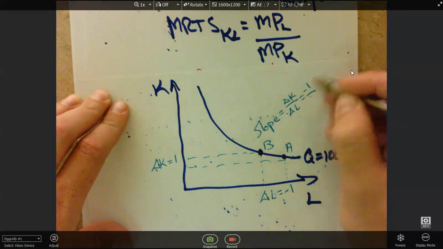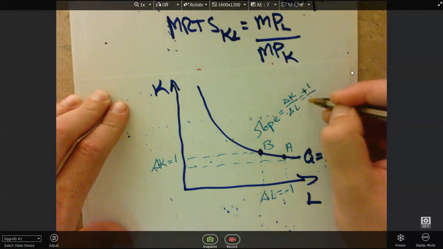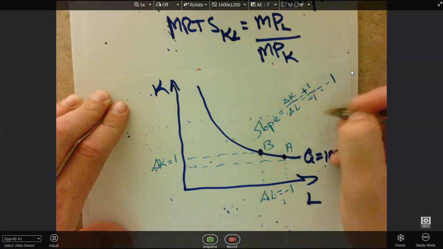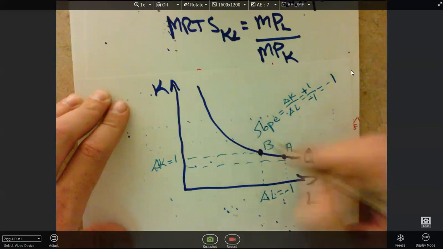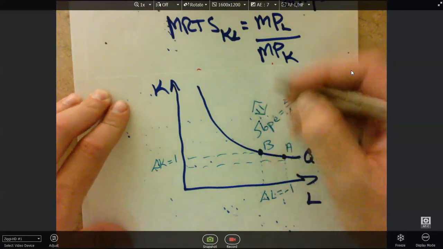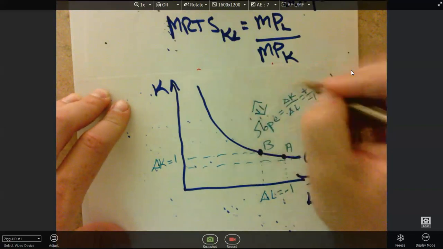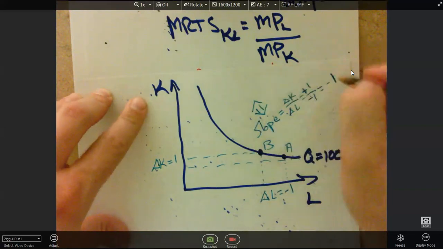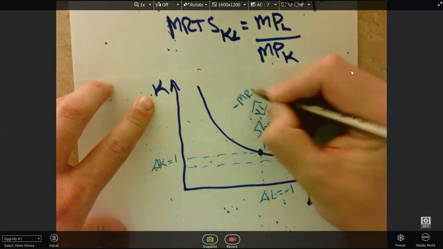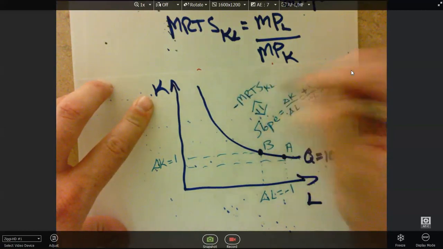Thank you, G. And that's going to give me -1. And so the slope of these isoquants is the marginal rate of technical substitution. Actually, this is kind of annoying, it's equal to the negative of the marginal rate of technical substitution.